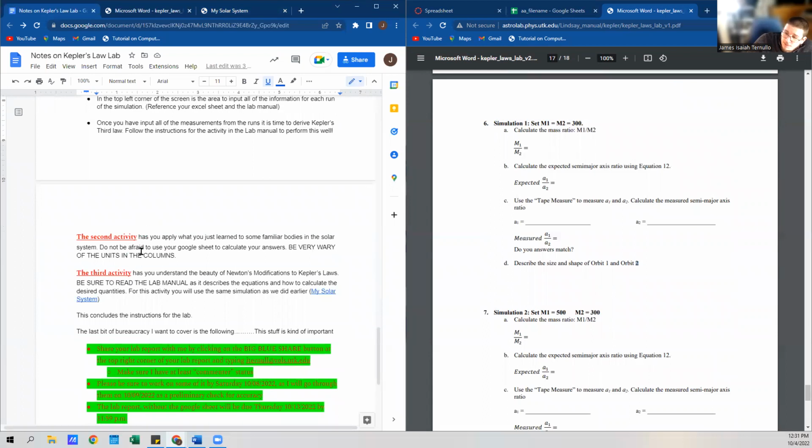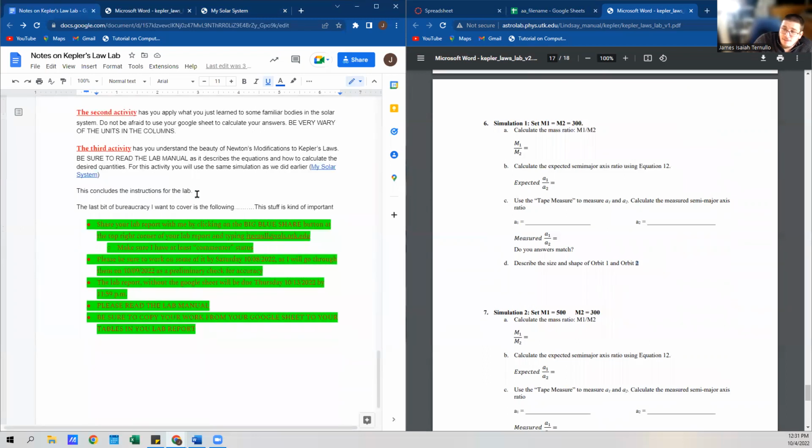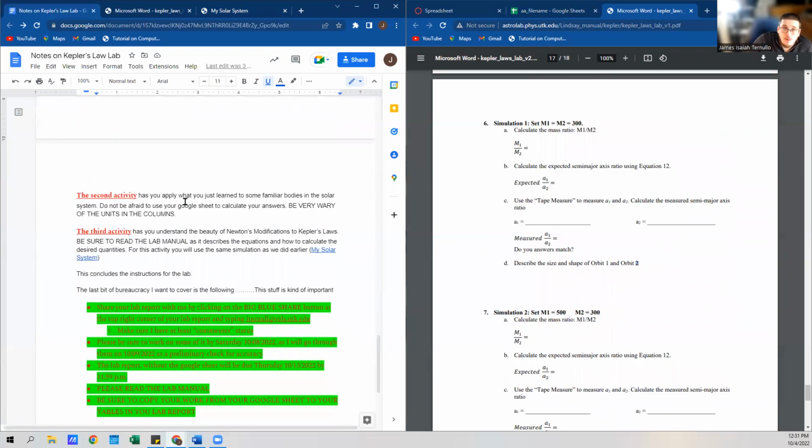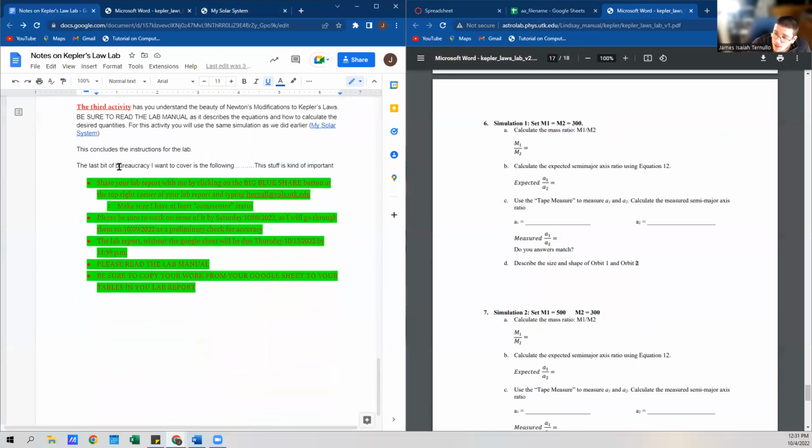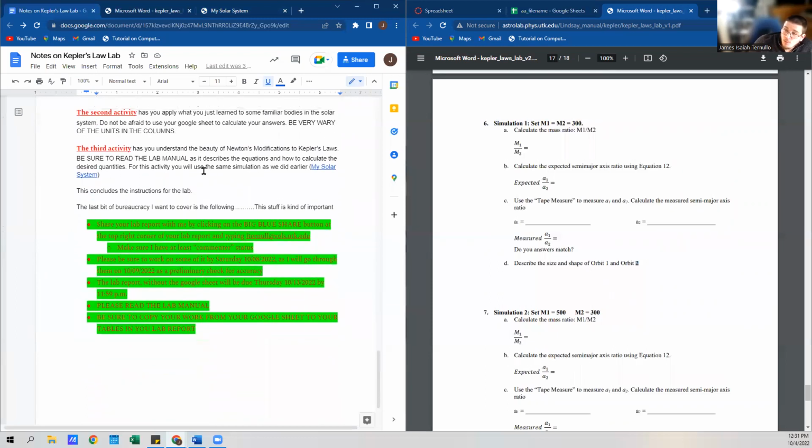Also here, be very wary of the units and the columns when you're doing the second activity, okay? You're going to have these notes too, so hopefully you read them as you're doing this. The third activity, you want to make sure that you read the lab manual as it describes the equations and how to calculate the desired quantities. So these things will help you. As you can see here, I've linked the same simulation later on in the notes, so that way it's there for you. You don't have to go back to anything.